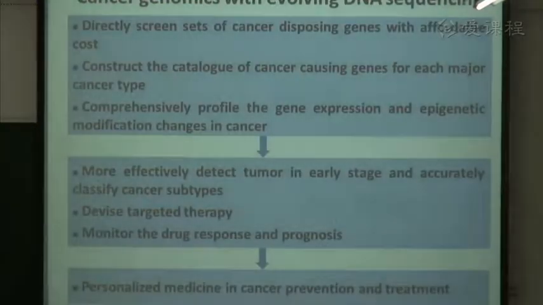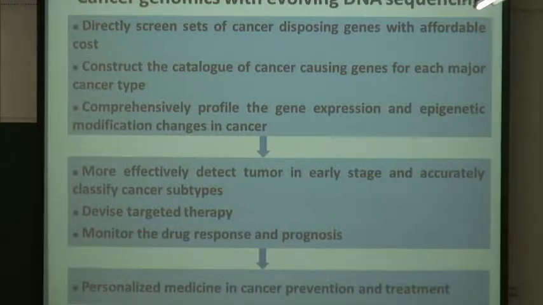So that's what these DNA sequencing technologies provide us. We can now directly screen sorts of cancer predisposing genes at affordable cost. For Angelina's case, it took like $4,000, but maybe this year it will cost even less because you have higher sequencing capacity and you can pool more samples together. You can lower the cost. And with this technology, you can actually construct the catalog of cancer-causing genes for each major type of cancer.